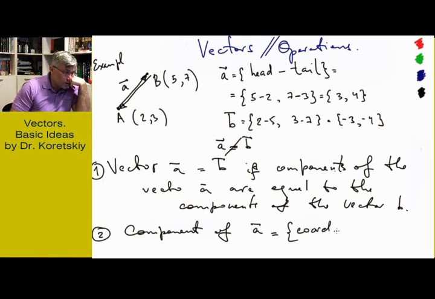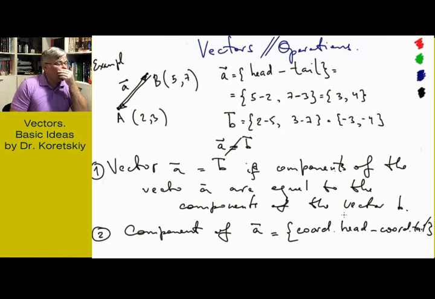That's coordinates of the head minus coordinates of the tail point.